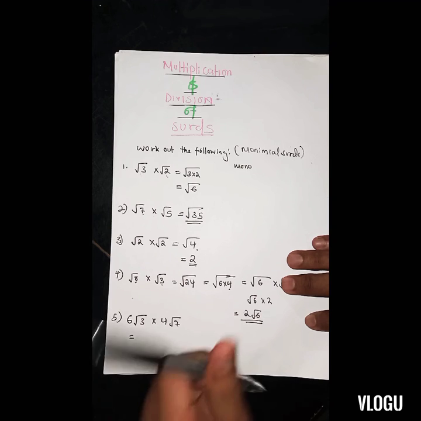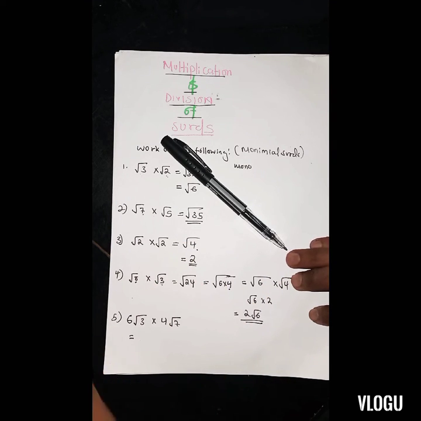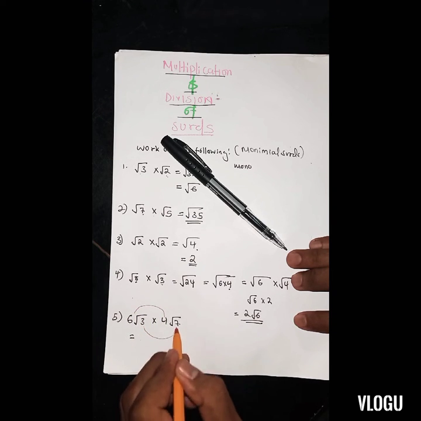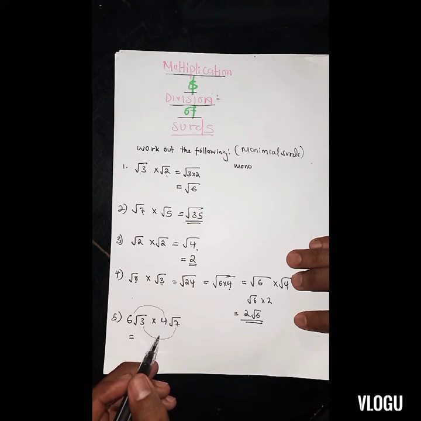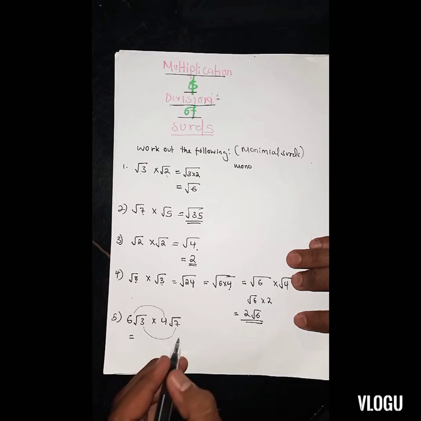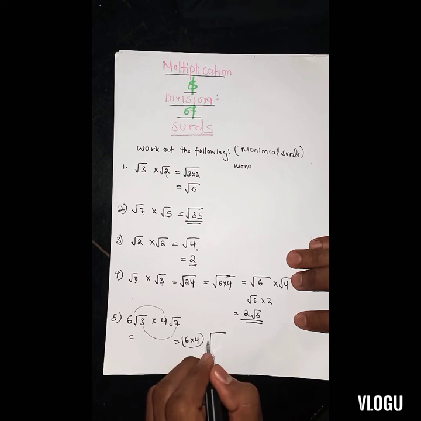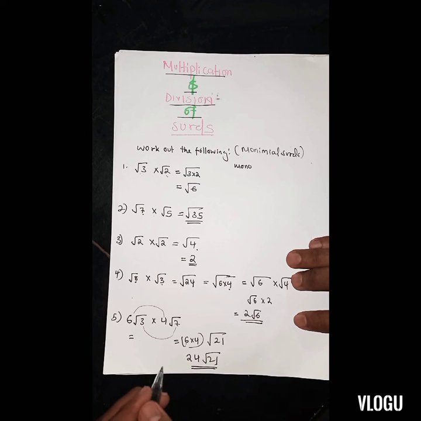You multiply the whole numbers outside the root, and then you multiply the numbers under the root. So we have 6 times 4, multiplied by root of 3 times 7, root of 21. So 6 times 4 is 24 root 21.